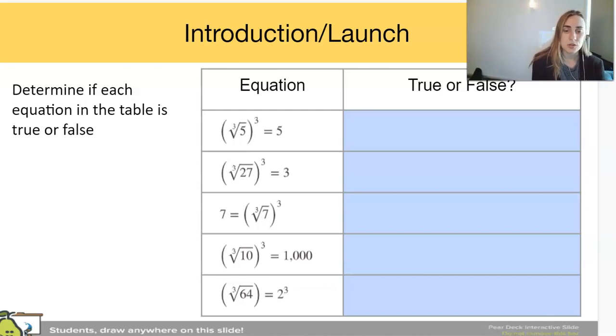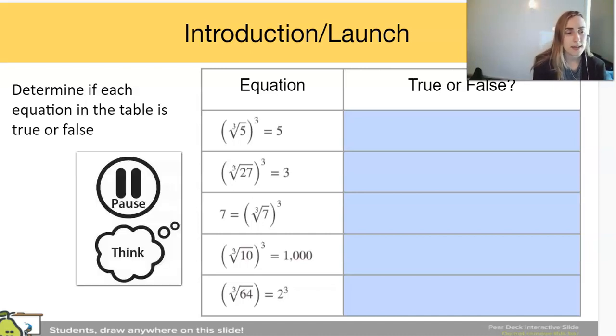Then we have the cube root of 27 to the third power equals 3. 7 equals the cube root of 7 to the third power. The cube root of 10 to the third power equals 1000. And our final equation is the cube root of 64 equals 2 to the third power. So decide whether each of these equations is true or false and give your reasoning.